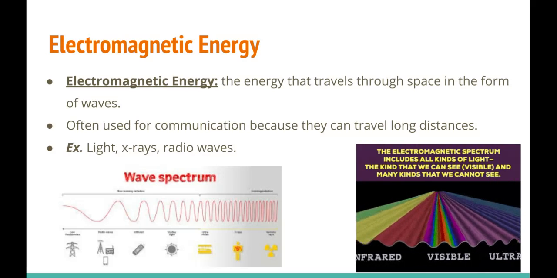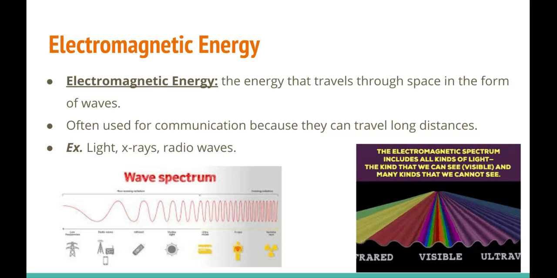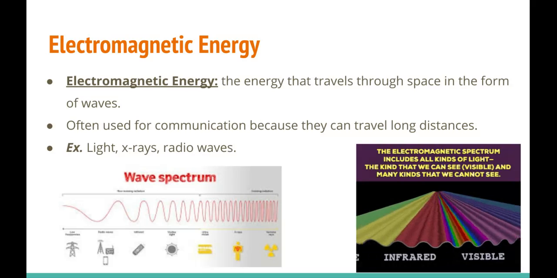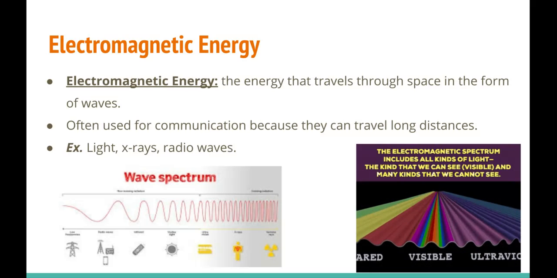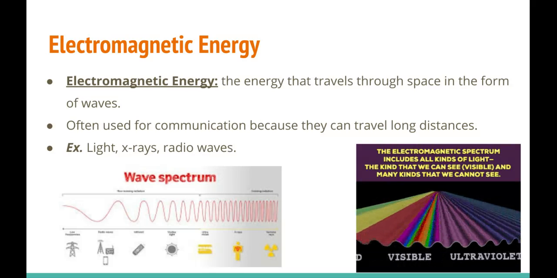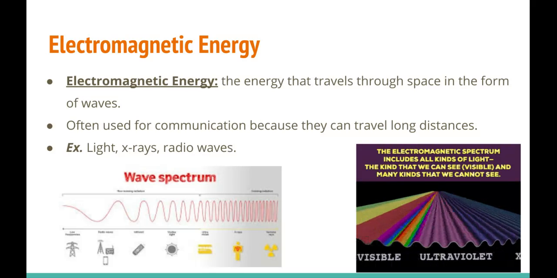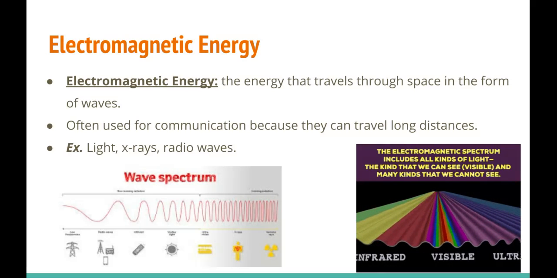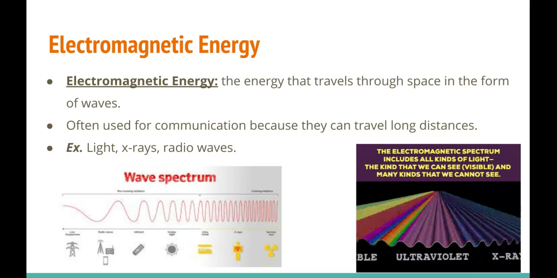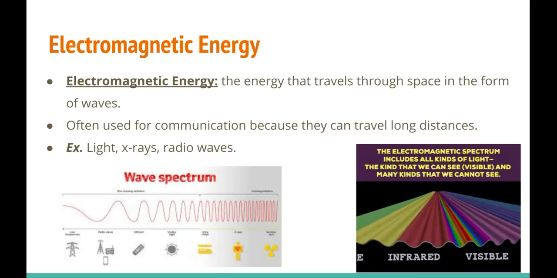There's also ultraviolet, which can cause skin cancer because it breaks down and harms your DNA if it pierces past your melanin, all that good stuff. And then you have X-rays that pass through your body. You've got radio waves that allow communications. There are microwaves that are at a frequency at which they heat up water.